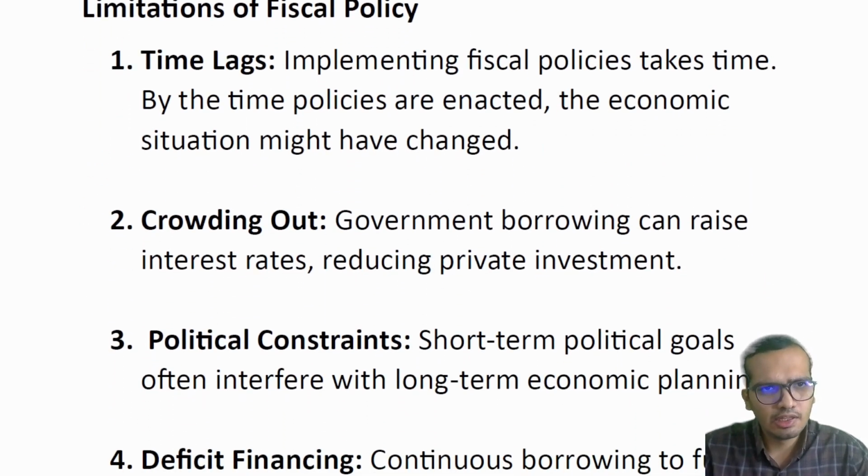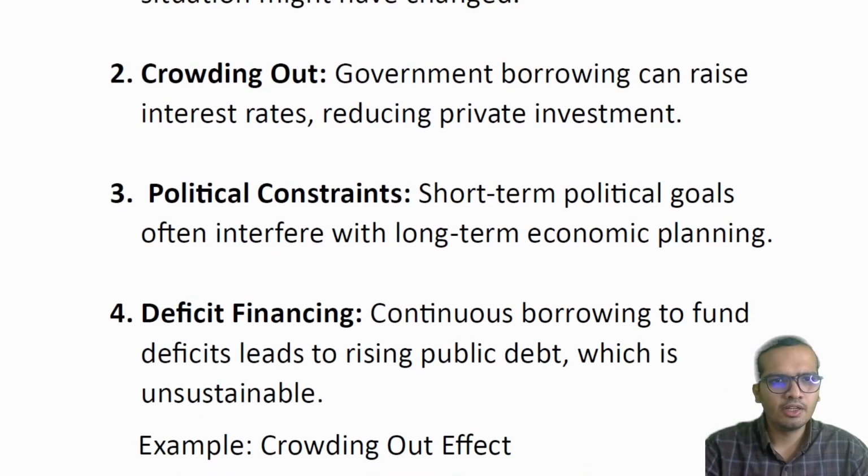Then comes limitations of fiscal policy. So there are some pros and there are some cons. So we are discussing limitations or cons. First, time lags. So implementing fiscal policies really takes time. By the time policies are enacted, the economic situation might have changed. Second, crowding out.